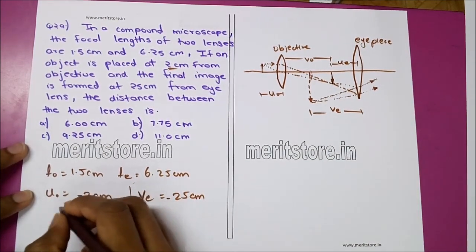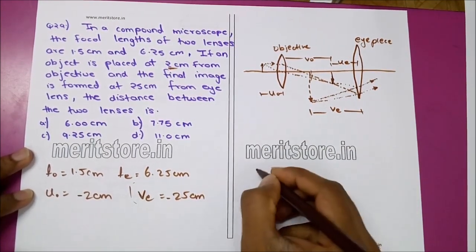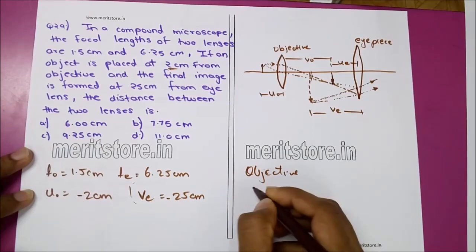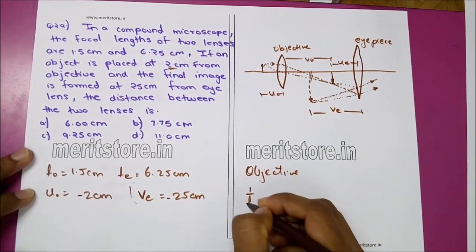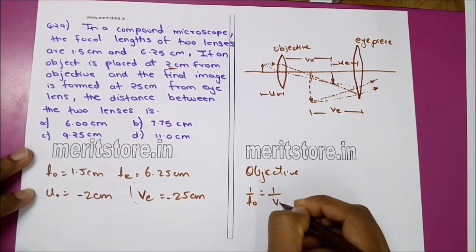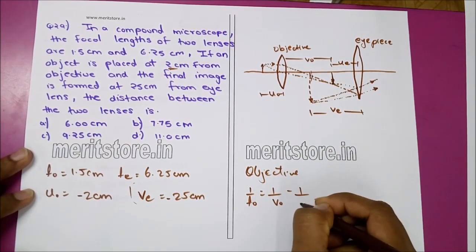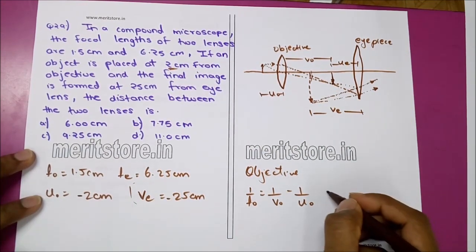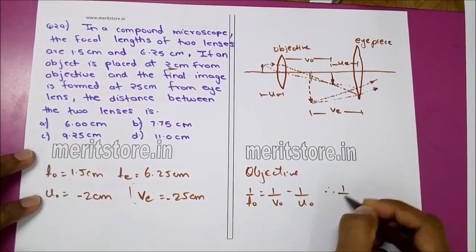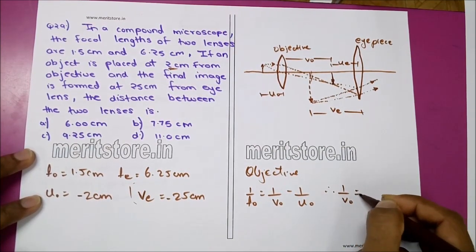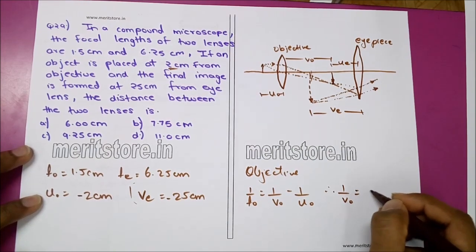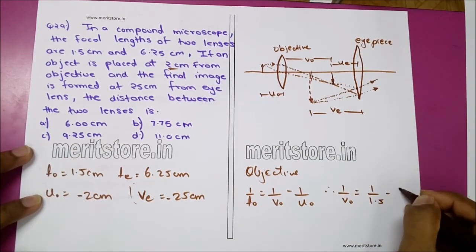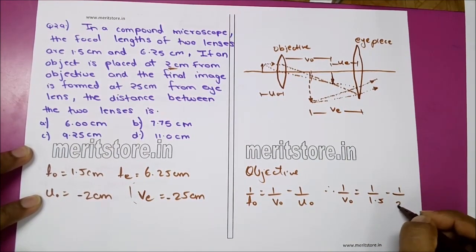Now, in order to solve this sum, let us consider first the objective lens. For the objective lens, using the lens formula, 1 upon f0 is equal to 1 upon v0 minus 1 upon u0. So u0 is minus 2 centimeters, and therefore from this we can find out 1 upon v0 is equal to 1 upon 1.5 minus 1 upon 2.